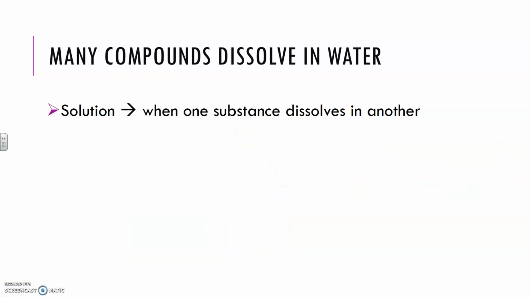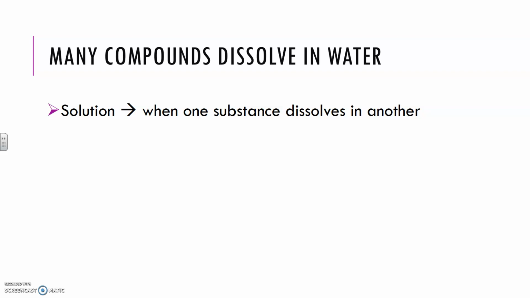But all right, so solution. We're going to talk about solutions quite a bit in this class. Most of the chemical reactions that take place in biology are done in solution, so the substances are dissolved usually in water.